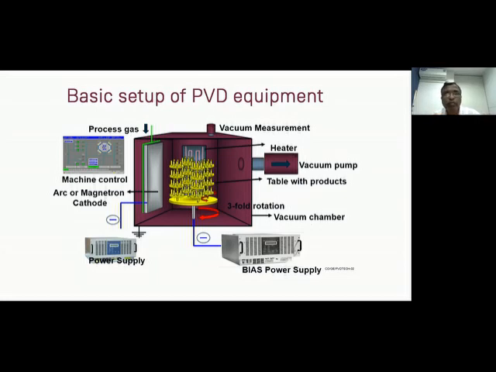At this high temperature, the titanium or chromium material starts evaporating, and whatever vapors come out are that material's ions, for example titanium ions, which have a positive potential. Now we introduce nitrogen gas as a reactive gas.